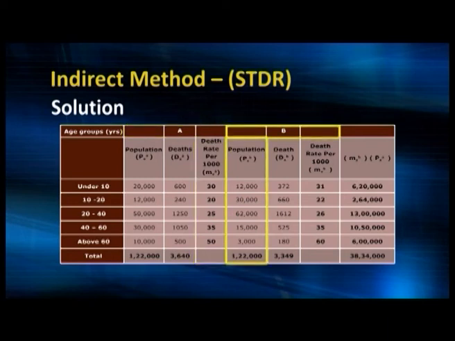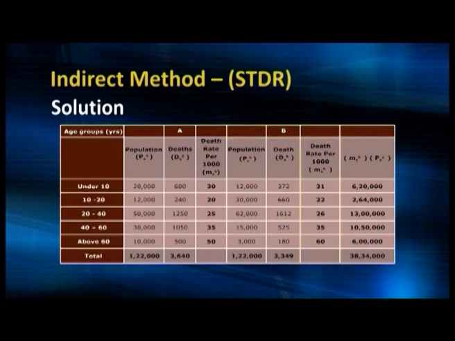The fifth column represents the population of B for age X. The sixth column represents the deaths in the population B for age X. The seventh column represents the death rate of population B per 1000, which is equal to 31, 22, 26, 35, 60.